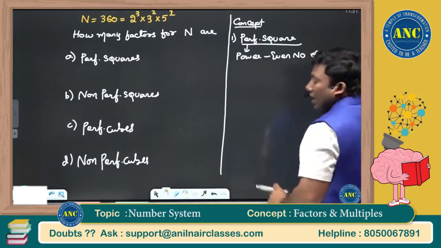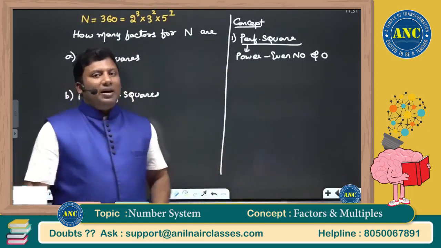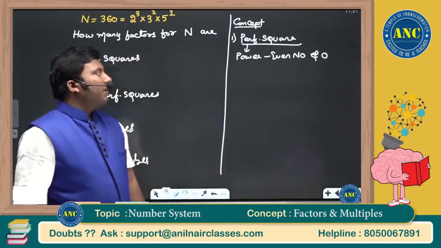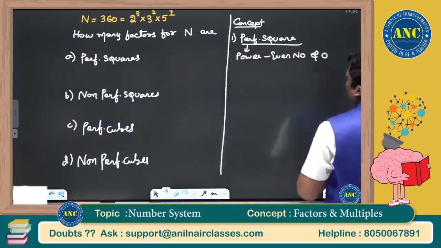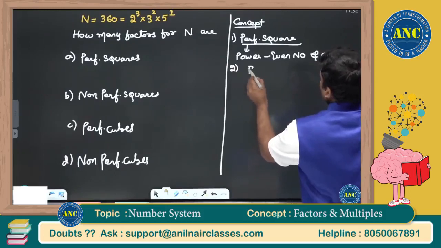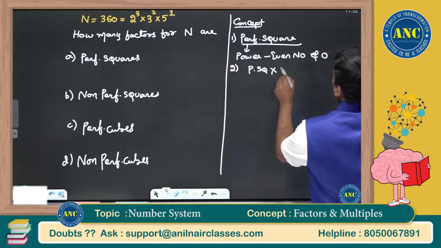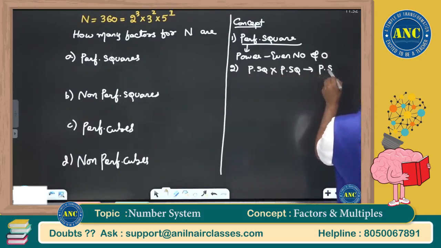First key point: the definition of a perfect square is a number multiplied by itself. If I multiply a number by itself, I will get a perfect square. Power 0 is also a perfect square. Second key point: a perfect square into a perfect square will always give another perfect square.